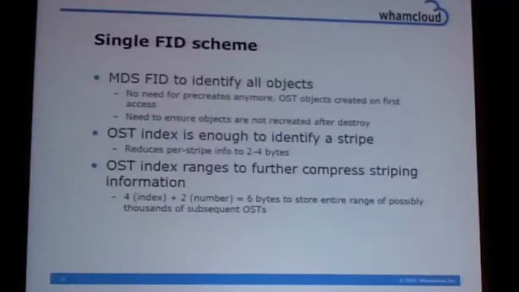We can't really ensure right now that once the object is destroyed, some out-of-date client doesn't come in and recreate it again. And there are some other problems in this area. So it's not a very easy approach. Serious thinking is required before we start accepting code like this or making it.